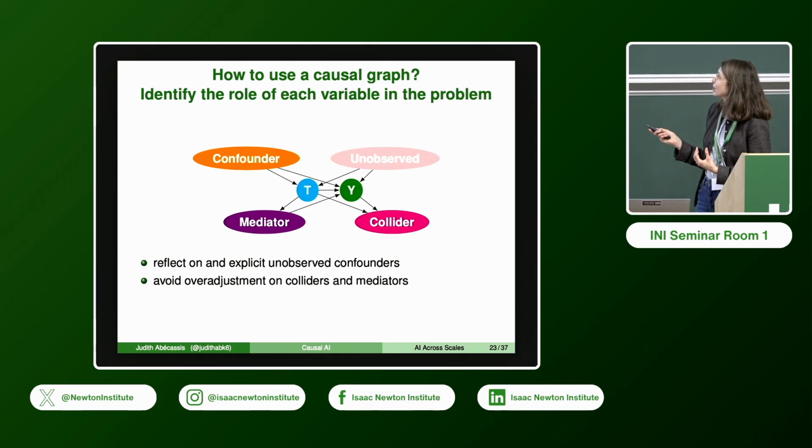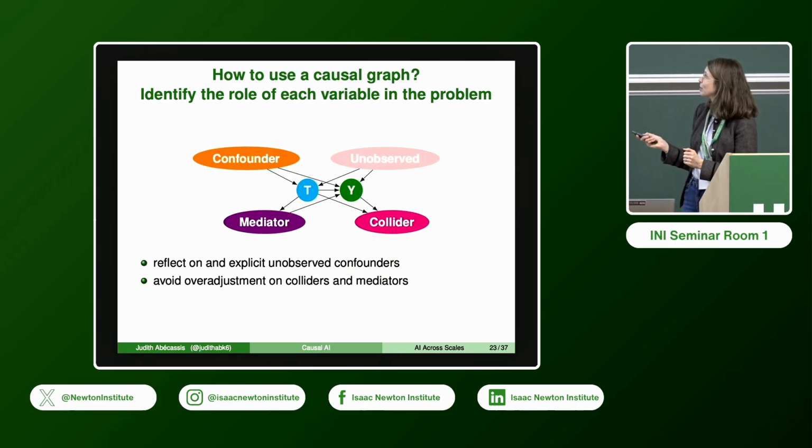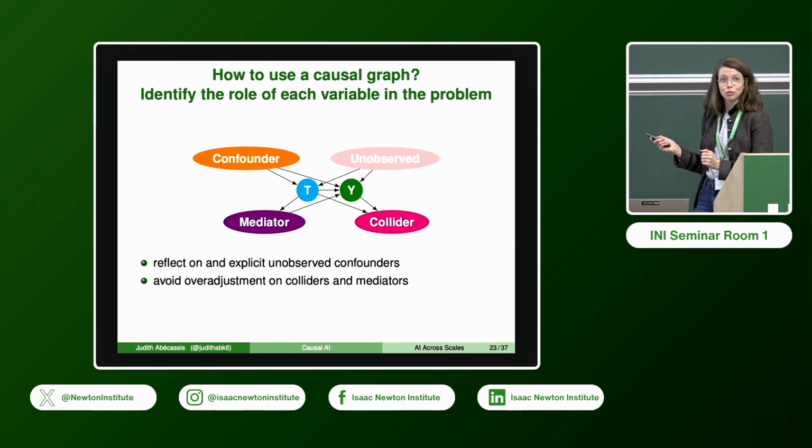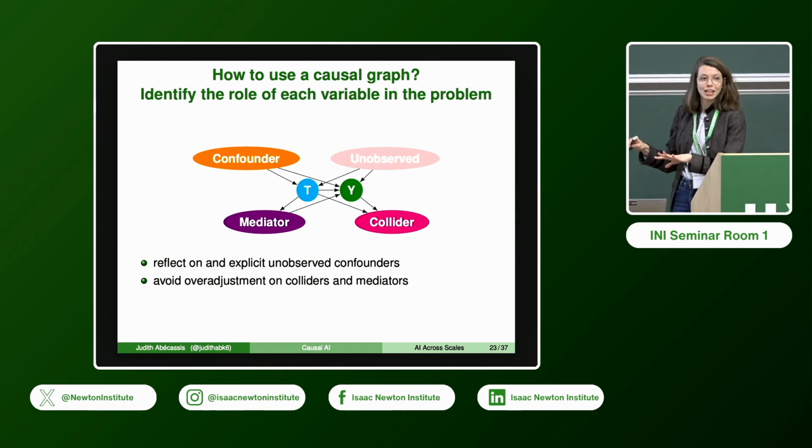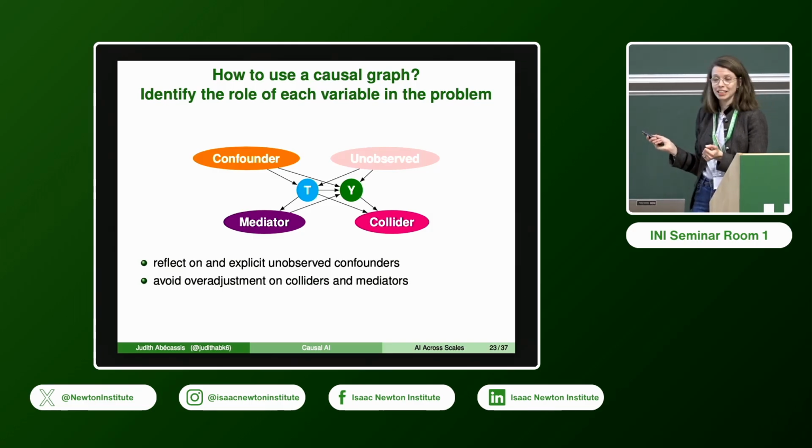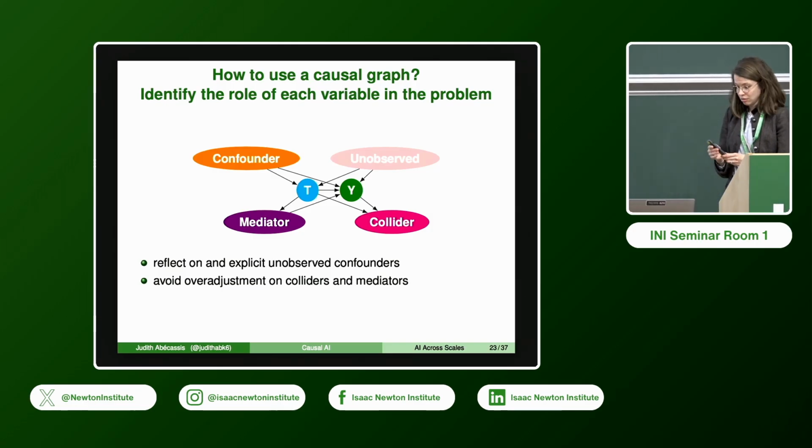And there are also colliders that would be common consequences of the treatment and the outcome. So I'm not going to go into more details, but the important thing is that you have to adjust on the confounders, and you have to absolutely not adjust on the mediator and the collider. So laying everything on the graph may help you refrain from adjusting on mediators and colliders. That would create a bias in your estimation.